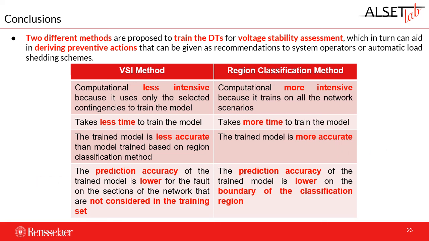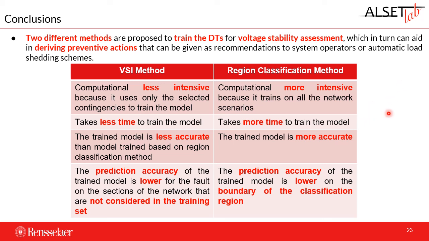The prediction accuracy is lower for the scenarios of the network that were not considered in the training set. So if you didn't simulate it, you're going to have really low accuracy for that compared to the other cases. Now, the region classification method is very intensive. It trains potentially the entire set of network scenarios.